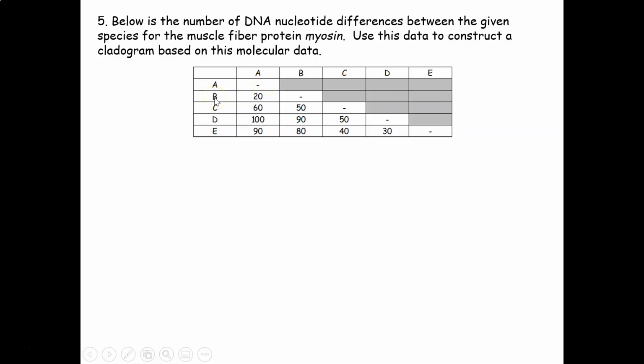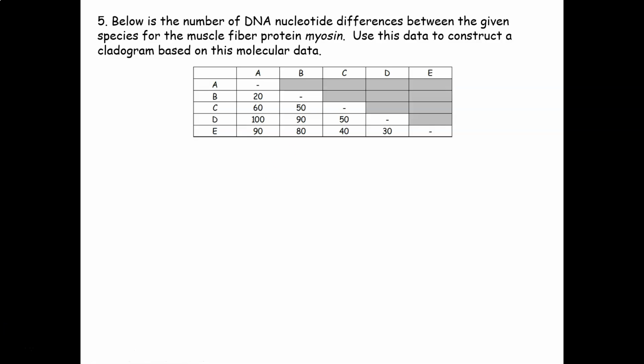I come down here to letter B, species B compared to species A, I have 20. Species C versus species A, there's 60, so on and so forth. And then this side of the table is grayed out because it's essentially a duplicate of what's down here. So no point in giving you the data twice.